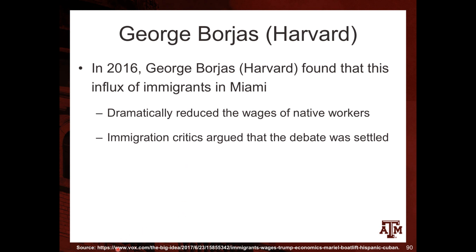The economist Clemens wrote this article in 2017, and he tries to replicate the methodological strategies used by different economists, by David Card, by Jorge Borjas, in order to see why some economists found no negative effects of immigration on native workers, and Jorge Borjas found these negative effects.